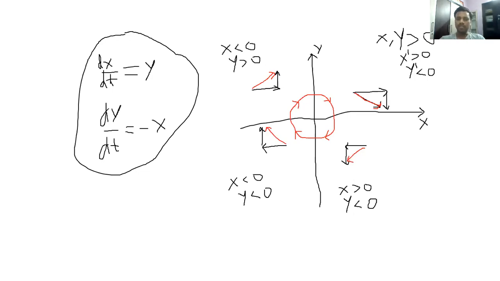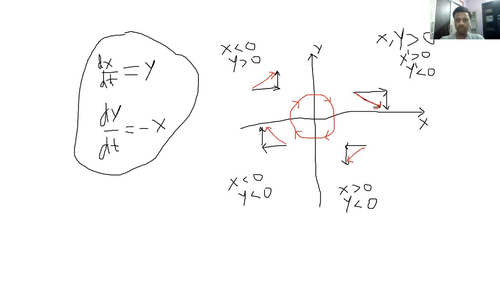So now the next task is to plot the trajectories and determine the direction of the trajectories. To plot the trajectories, we require the analysis of when ds over dt will be positive and di over dt will become negative.